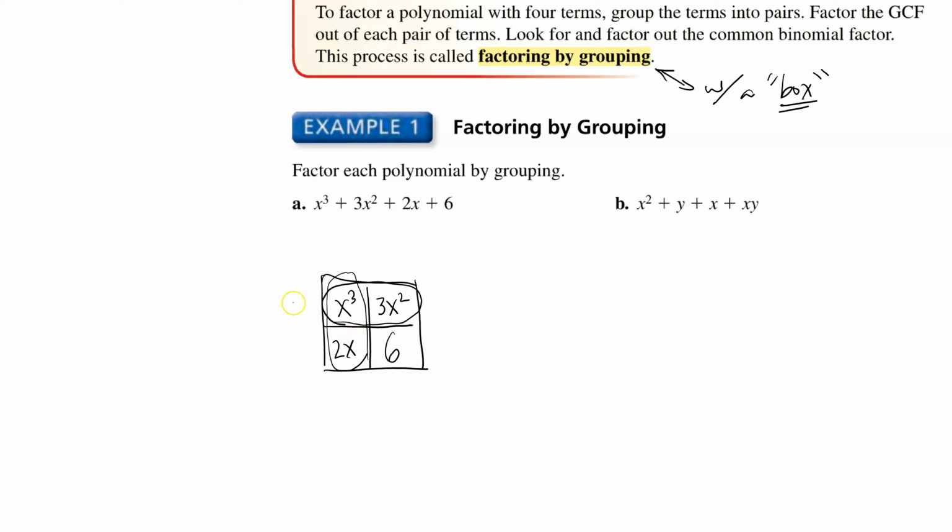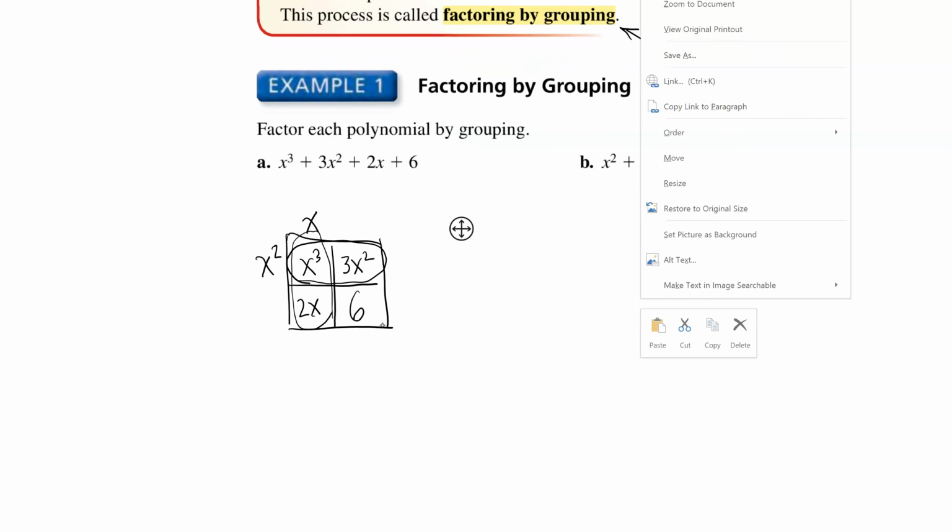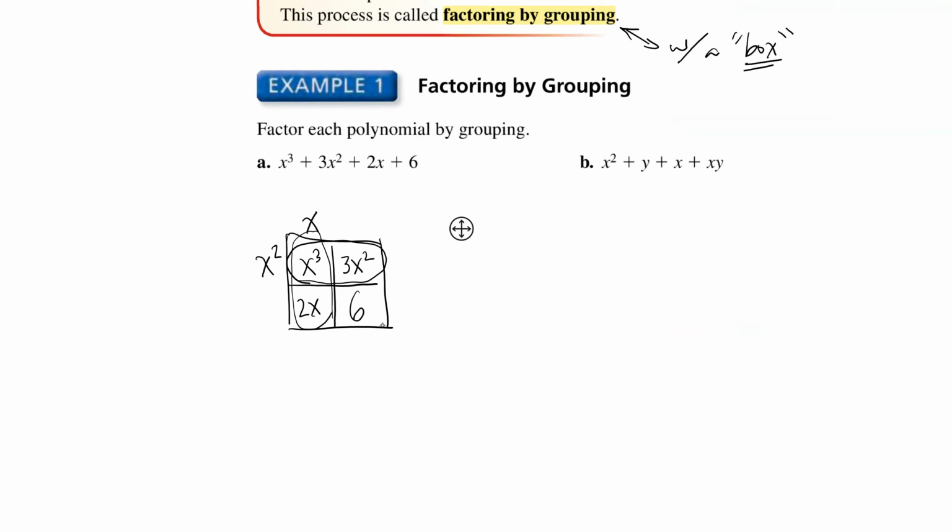So here I take out x squared, and when I take out the x squared, that leaves an x here. And then I say x squared times what would give me 3x squared, and that would be 3. And then I ask myself 3 times what would give me 6, and that would be 2.